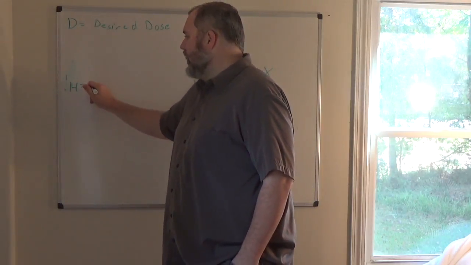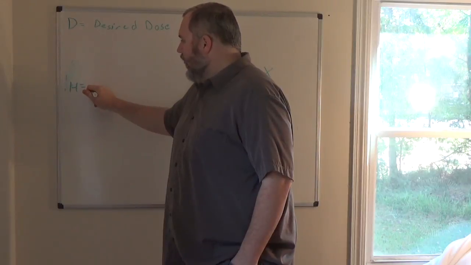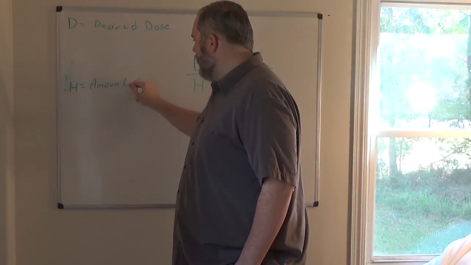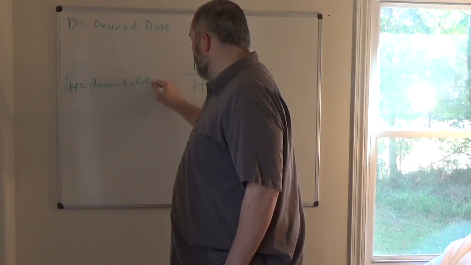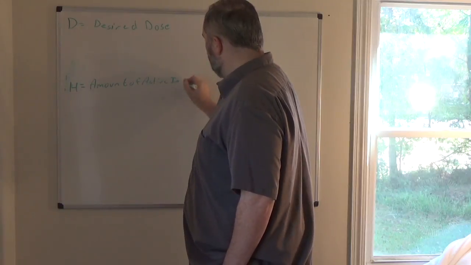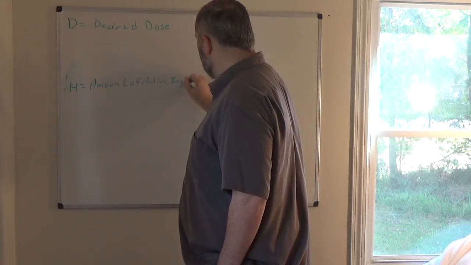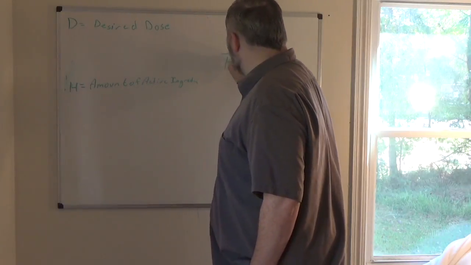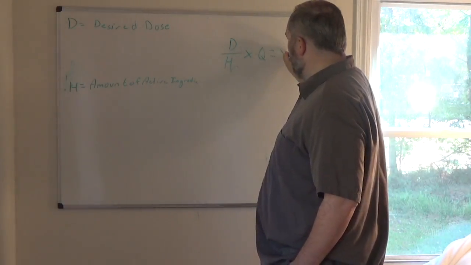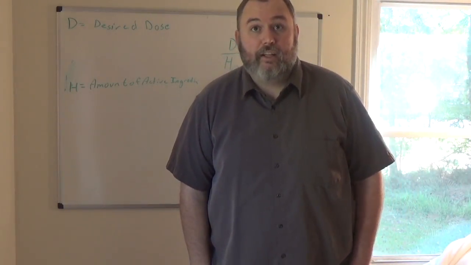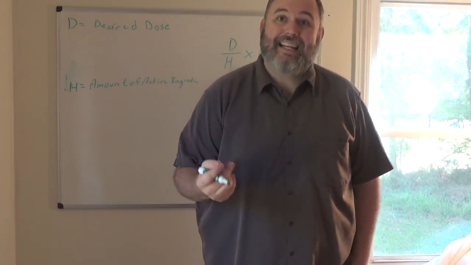So H is the amount of active ingredient. I'm running out of room. I'm going to write that D over H times Q right here. Now, this should sound familiar. That was what we talked about in the last video. We're talking about the strength of the medicine.